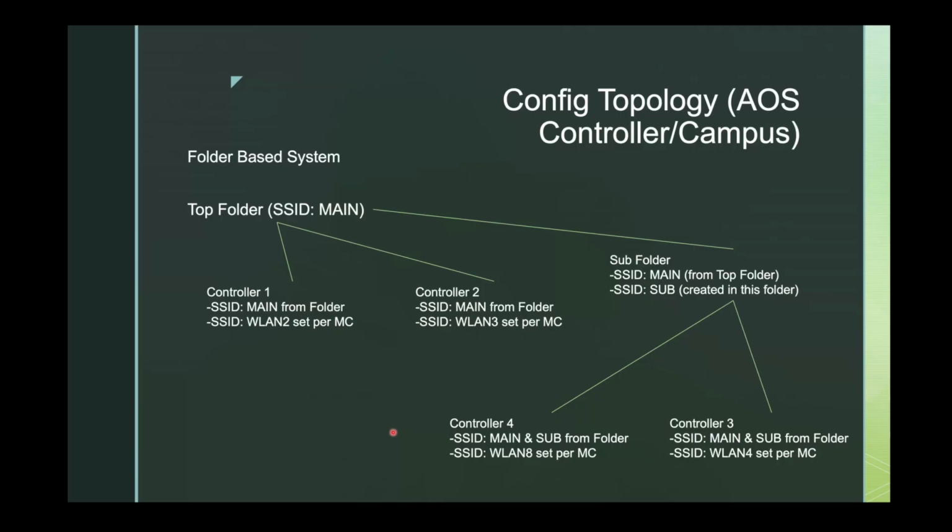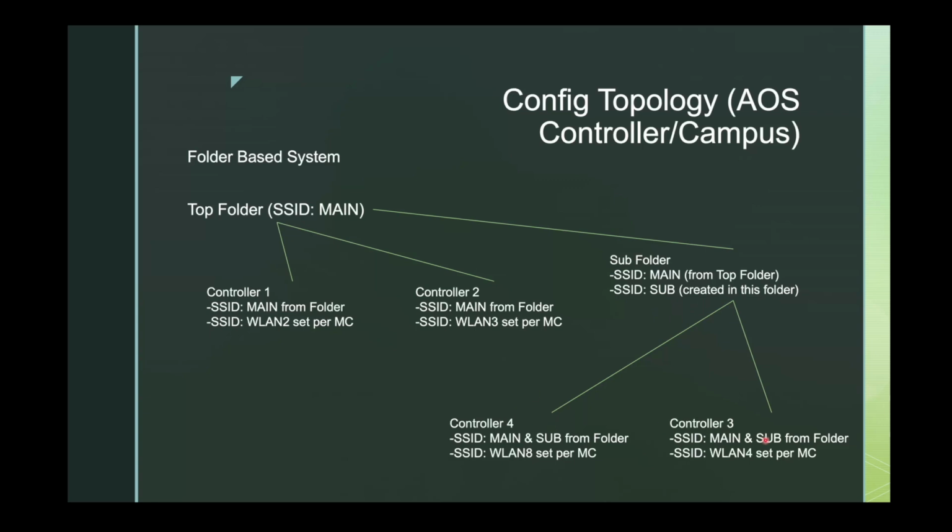Then from there, we have another subfolder, with an SSID of main inherited from the top folder, and an additional SSID called sub, which is created within this subfolder here.